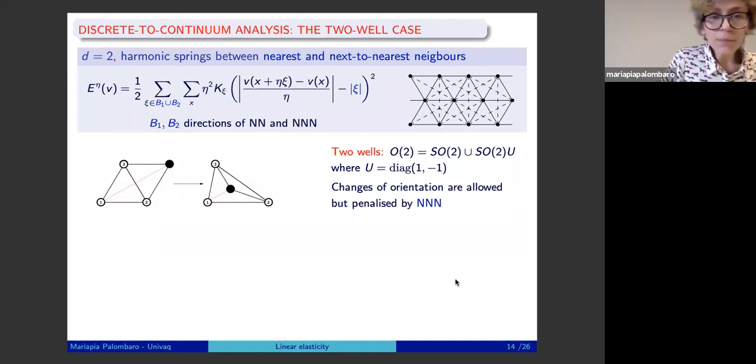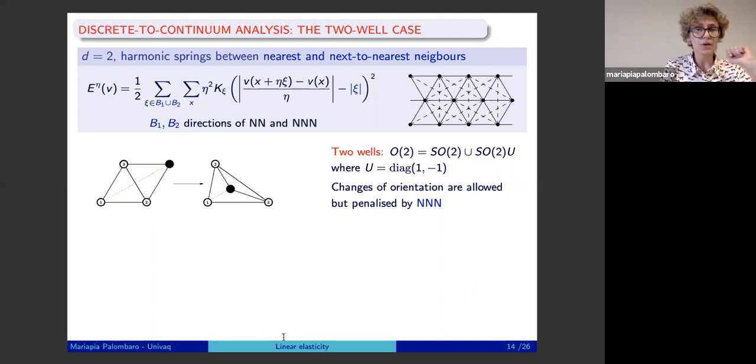We can add some complexity to this case and now obtain a two-well energy by dropping the non-interpenetration assumption. So the first model that we studied with an energy minimized on the union of two wells is obtained by taking the Braides–Solci–Vitali model, so the harmonic springs, and dropping the positive determinant constraint.